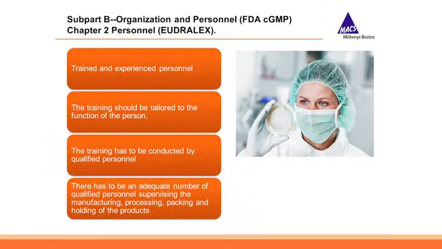The training has to be conducted by persons who are qualified, so before you can do any training, you should, of course, make sure that the trainer is able to do this training. And finally, there has to be an adequate number of qualified personnel supervising the manufacturing, processing, and packaging of products. So if you have these trained people, who have been trained by a qualified person, you have to use these people to manufacture, process, package, and hold the products.